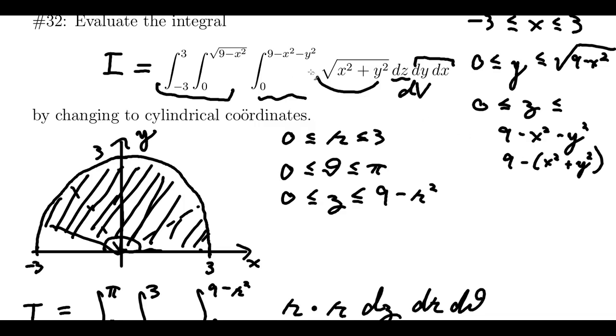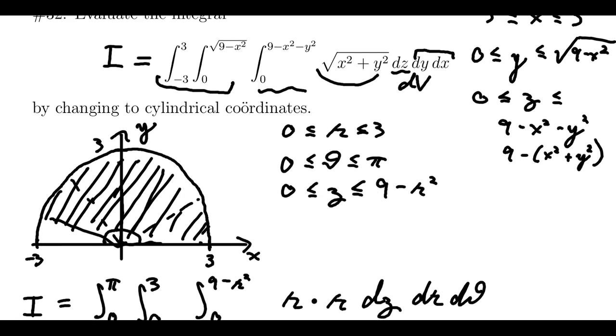But I felt this was a good example because it illustrates several things: looking at a given triple integral, reconstructing the shape of its domain, translating that, expressing that in terms of cylindrical coordinates, and then using that region, which could have just been given to us, right?